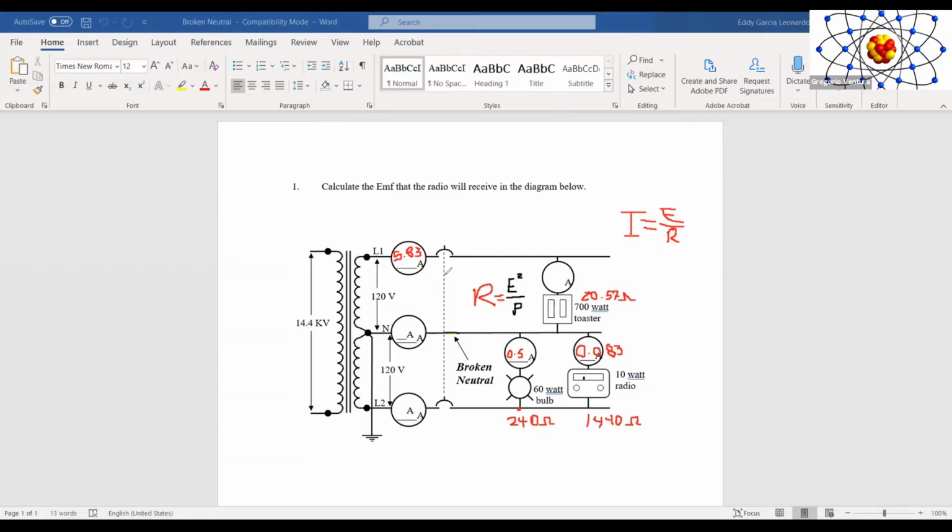Yeah, so it's going to be the amount of current that we have, the 5.83 minus the 0.5 plus the 0.083. So the total amount of current on line 2 is going to be 0.083 amps plus the 0.5. That is, the amount of current here is 0.583 amps.